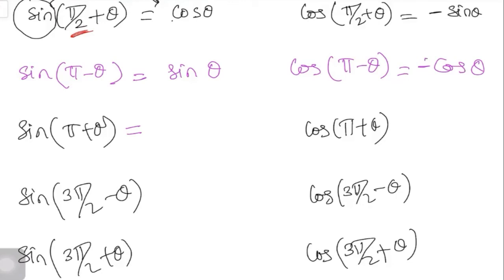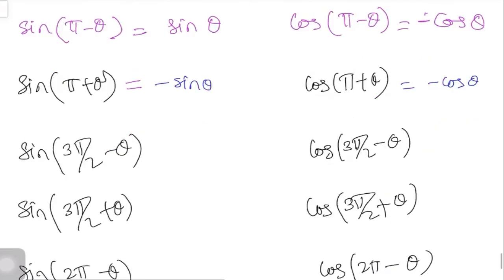Minus sin theta. And here again minus cos theta, right? Yes, sir. Then here it is sine, and since pi by 2 is there, it will change to cos: minus cos theta, and similarly minus sin theta.